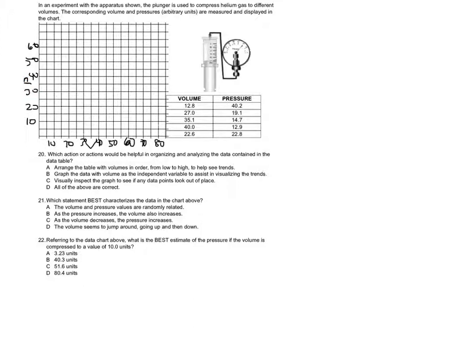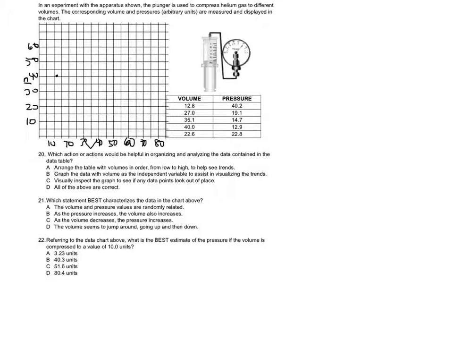So let's see if I can actually put that in there where it belongs. I can tell this is going to be a challenge. I may not be able to graph this for you guys, but I'll try. That's about as close as it's going to get.